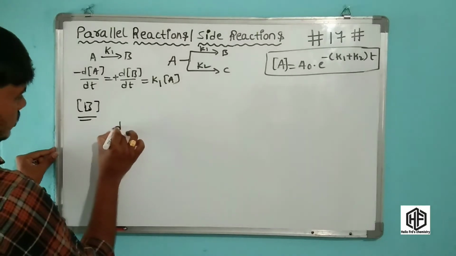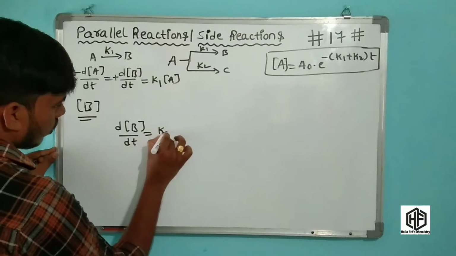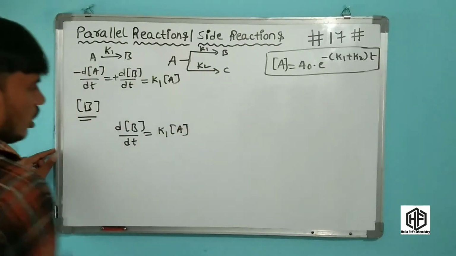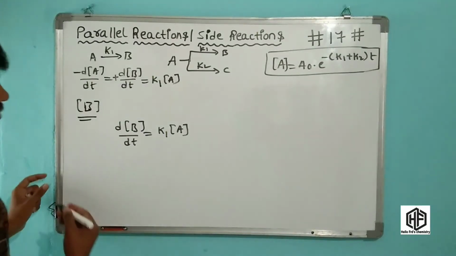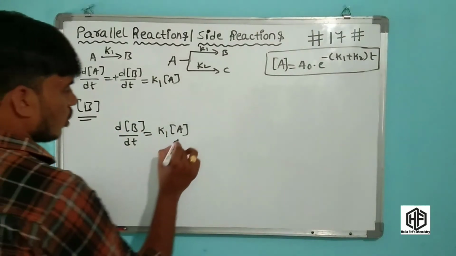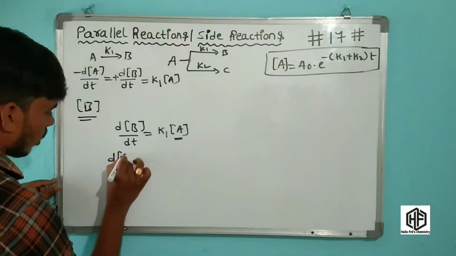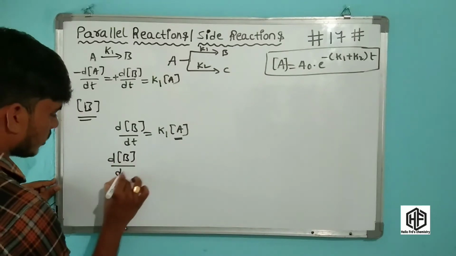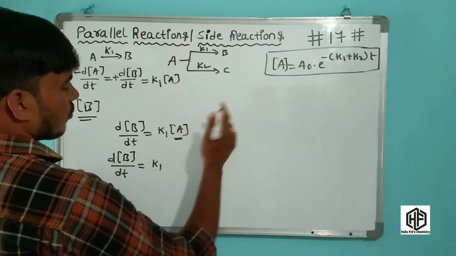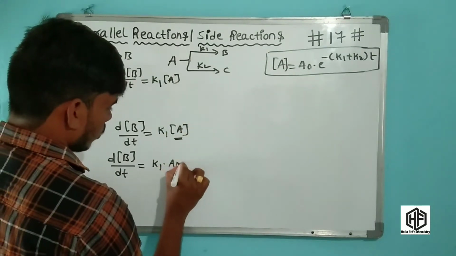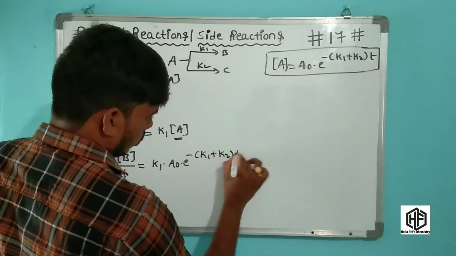The change in concentration of B by change in time is equal to k1 into the concentration of A. Okay friends, now we have to find the concentration of B. The concentration of A value is like this. So the change in concentration of B by change in time t is equal to k1 into A naught into e power of minus (k1 plus k2) into t.